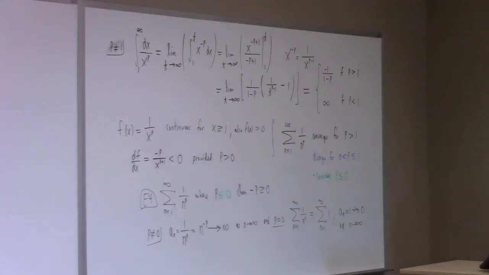So these results I'm gathering together, we collectively refer to as the p series result, or the p series theorem, or we just say it's a p series with p equal to whatever.